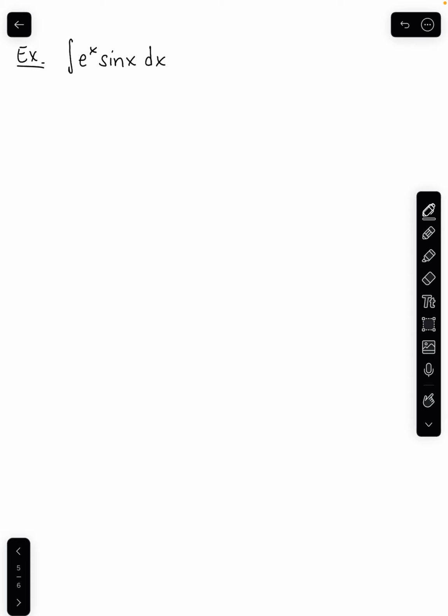Part of what made e to the x, and in the previous example it was cosine of x, here it's sine of x, part of what makes them flexible in where we put them is that they are cyclical in their derivative and therefore their antiderivative cycles. E to the x is direct, its derivative and antiderivative are itself. And sine of x cycles through cosine and positives and negatives, but it does cycle and it remains the same level of complexity at all stages.